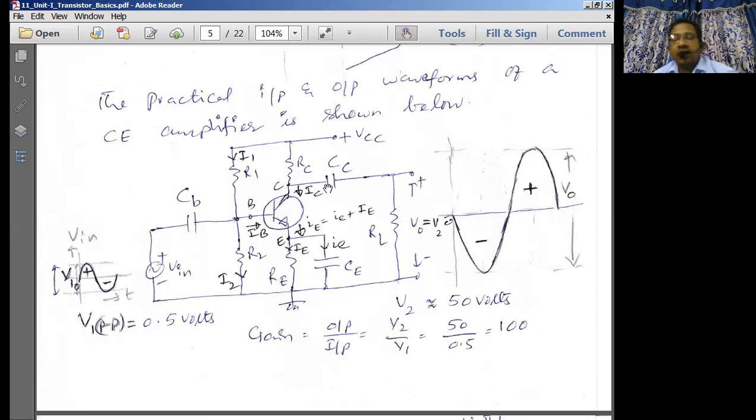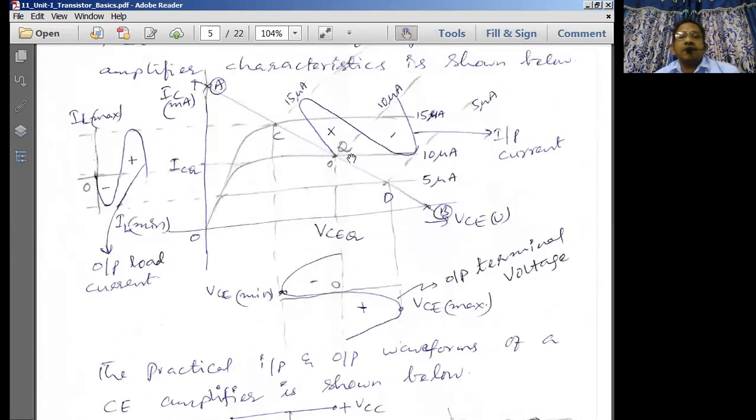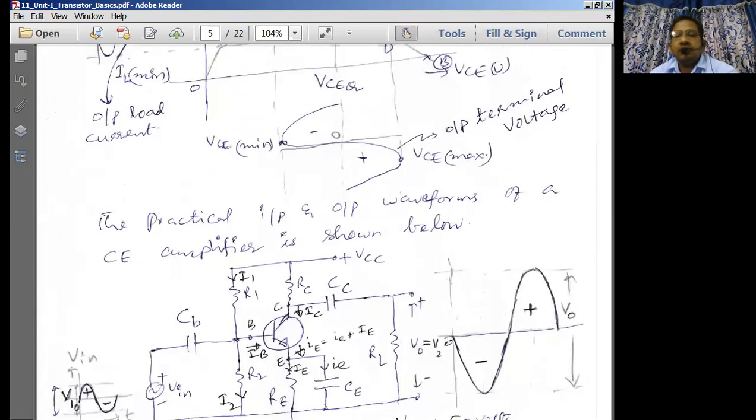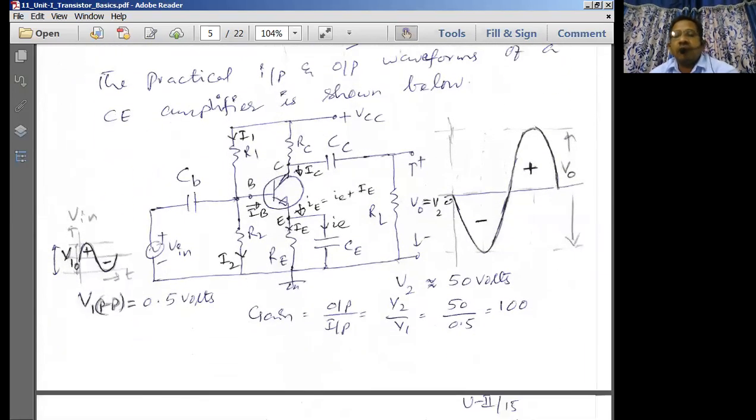Because of this connection, the input signal makes excursions with respect to the Q point. This Q point acts like a DC line here. This is nothing but the average DC line. On this average DC line, we get the oscillations. The signal is making excursions with respect to the average DC line. So this is how we get the amplified signal at the output of the amplifier circuit.